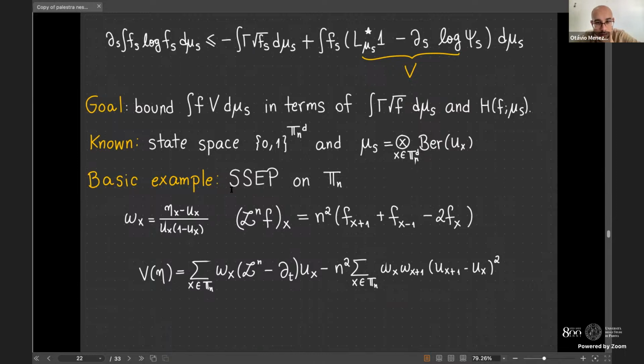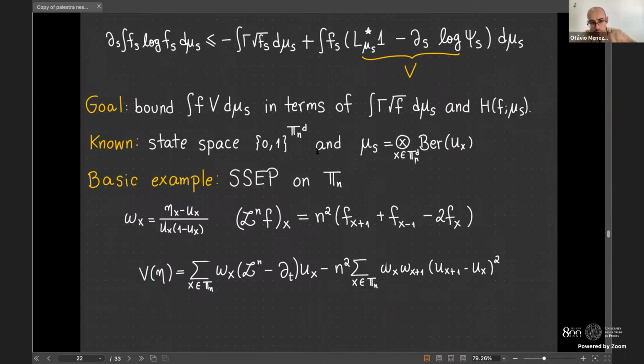Just as an illustration, here is what comes up if you compute this term in the simplest model you can think of, which is just a symmetric exclusion, but you approximate with a family of product measures whose parameters are changing with time.